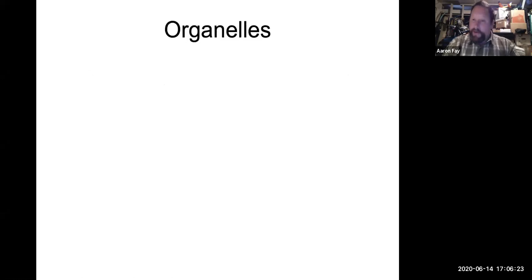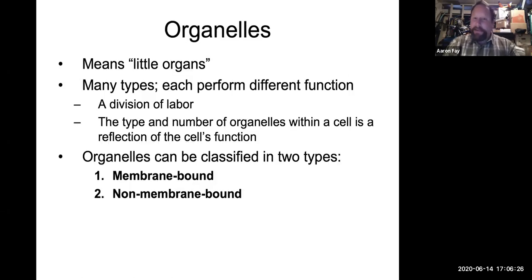All right. Organelles. Organelles means little organs or small little machines inside the cell. A lot of different kinds, and we're going to talk about most of the important ones. This is useful because it allows for the division of labor and the establishment of special chemical environments where particular reactions can happen most efficiently.